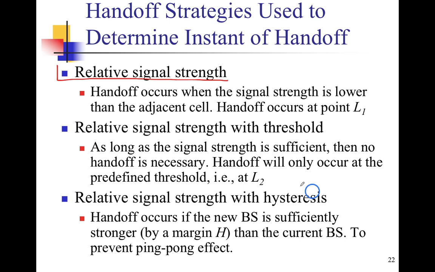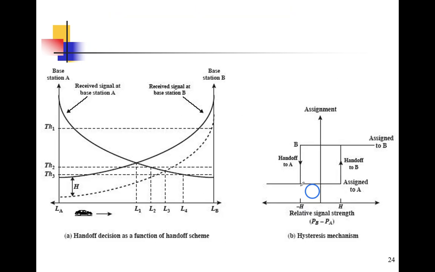Okay, you can use relative signal strength. What is that? Handoff occurs when the signal strength is lower than the adjacent cell, which is handoff occurring at point L1. So look at the diagram over here.